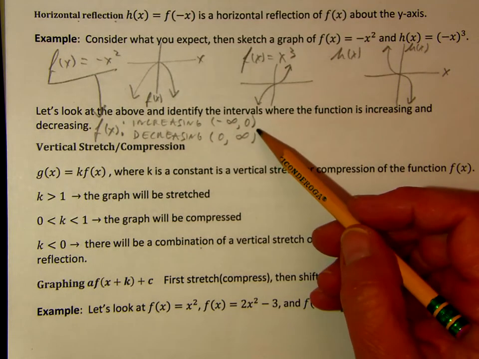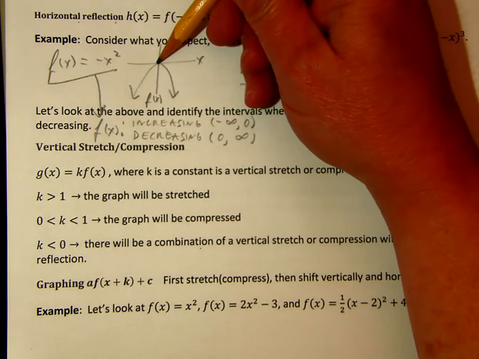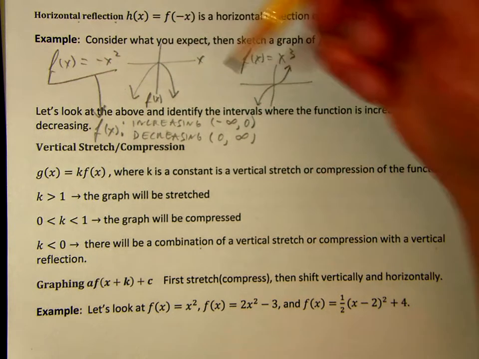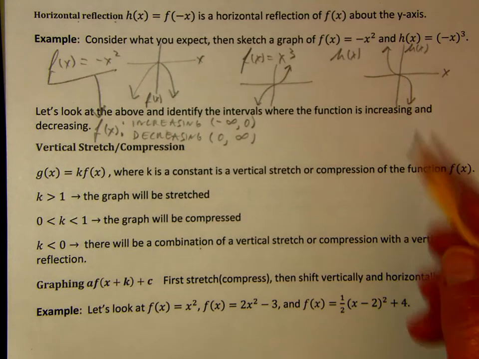What's happening at the point 0? At the point 0, f of x is neither increasing nor decreasing. Okay, how about our h of x?